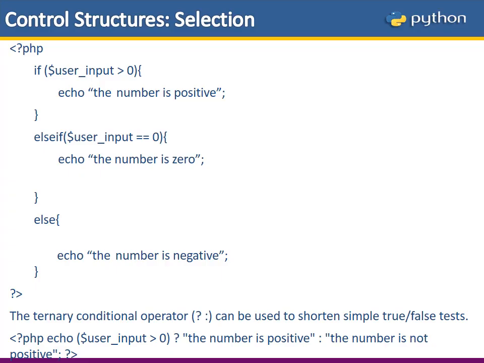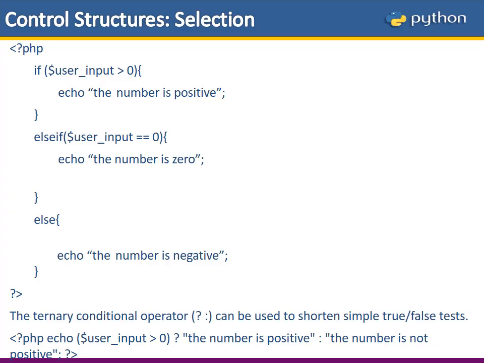The ternary conditional operator can be used to shorten simple true or false text. We can see it's similar to the Python programming language using the ternary conditional operator. As I said in the Python code we checked, the ternary conditional operator can be written in a single line.